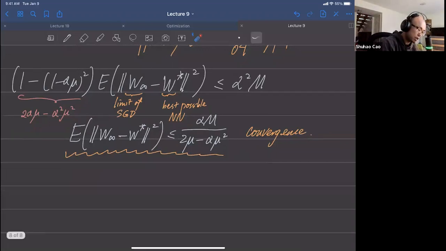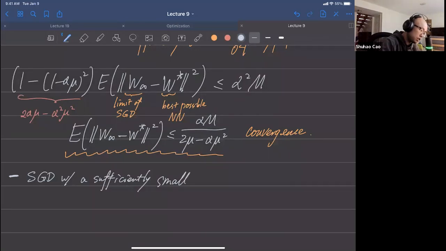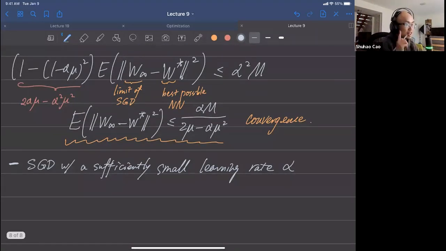The observation says the following: instead of a pointwise convergence, SGD with a sufficiently small step size or learning rate alpha converges. And if we learn real analysis, this is not even convergence in measure or convergence in probability.